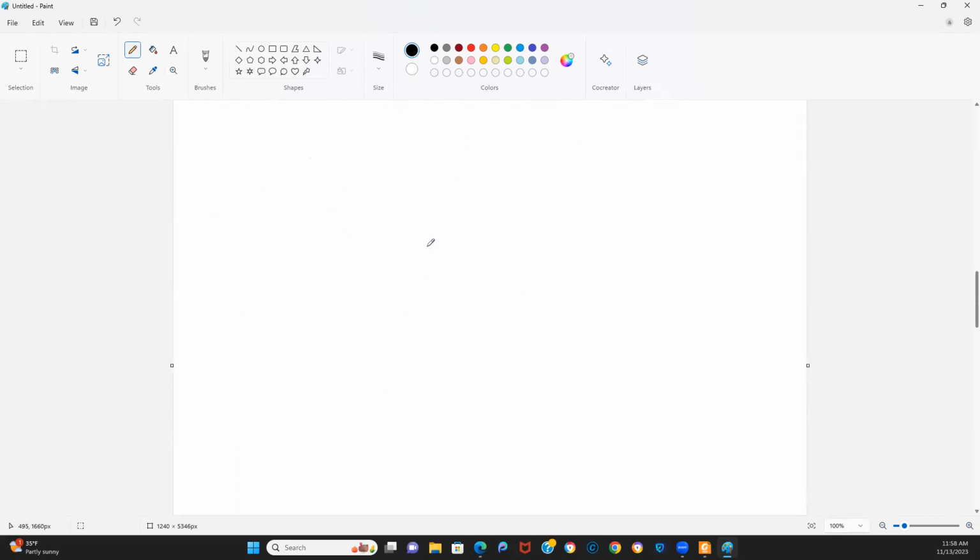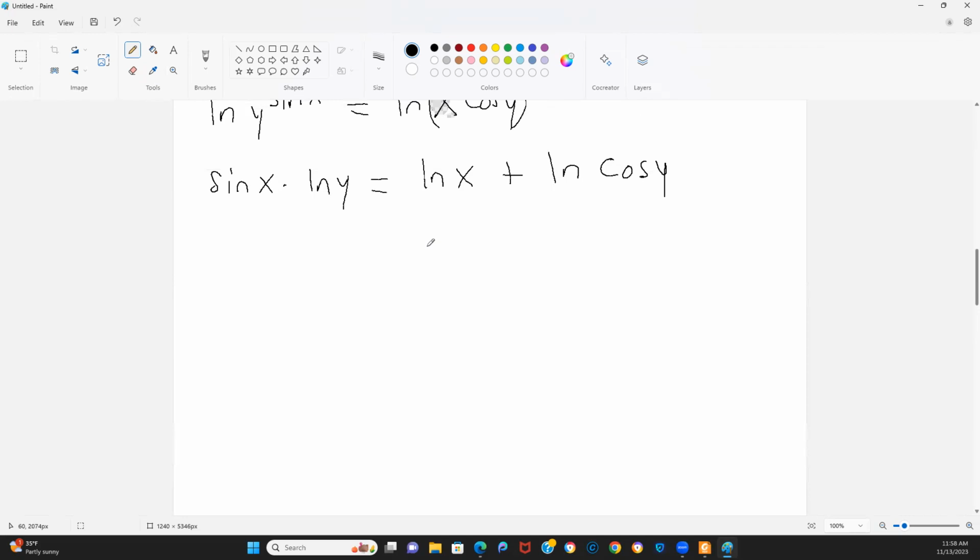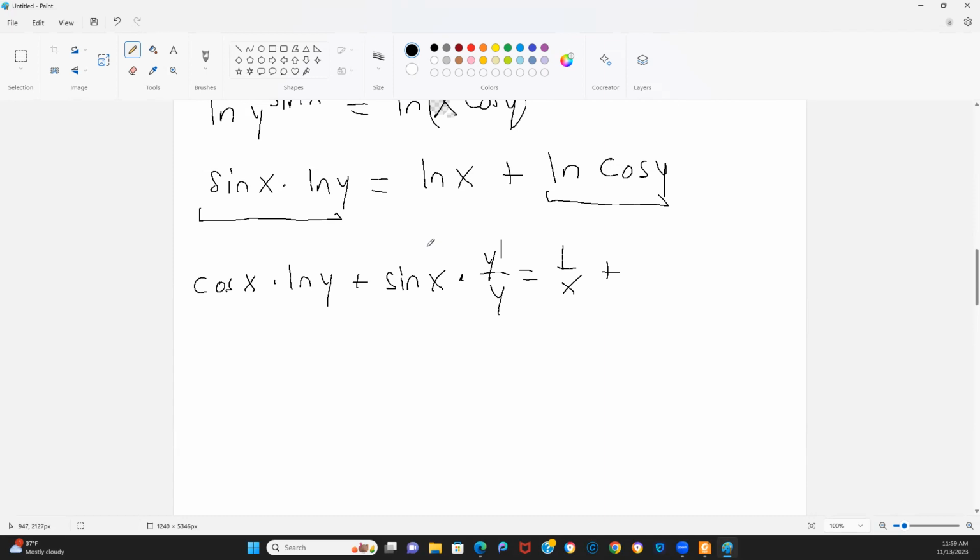And now I will differentiate this. So I got to do product rule here. This will be chain rule. So on the left-hand side, what we'll have is cosine of x times ln of y plus sine x times y prime over y is equal to 1 over x plus negative sine y times y prime over cosine of y.